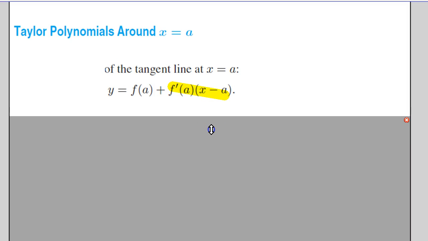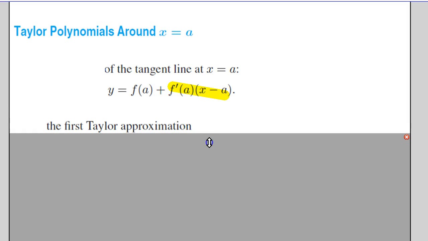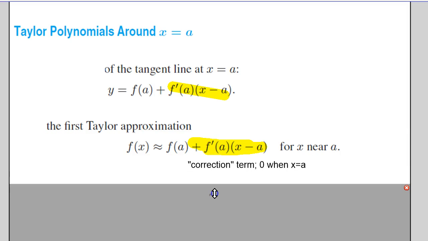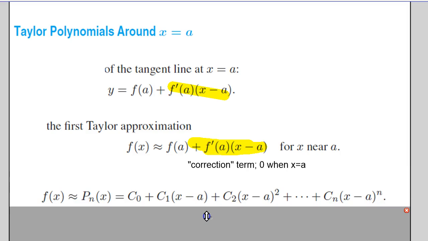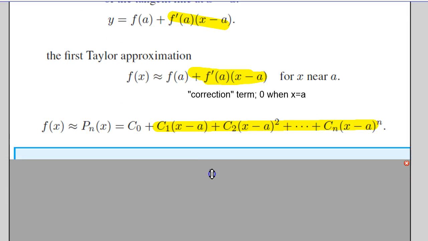So really, this is considered the correction, okay? In a sense, the correction. And so the first Taylor approximation looks like this, and we have a correction that is 0 when x is equal to a. All these terms are correction values in essence, okay?